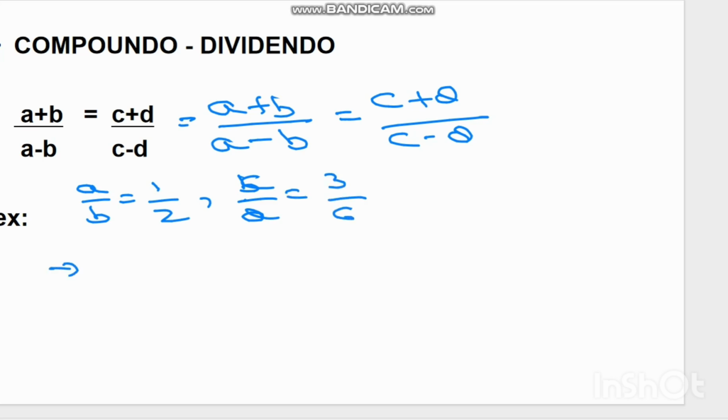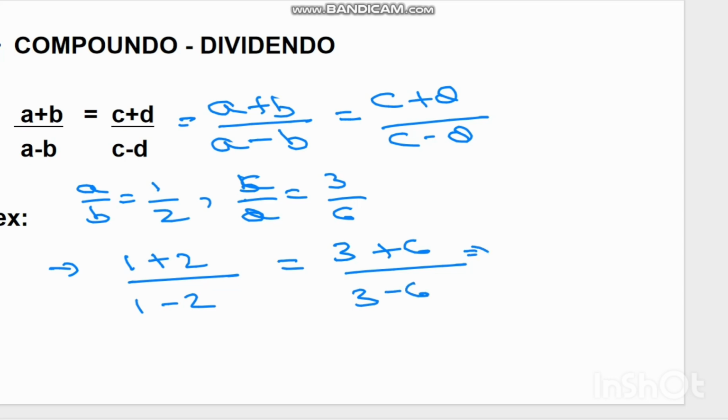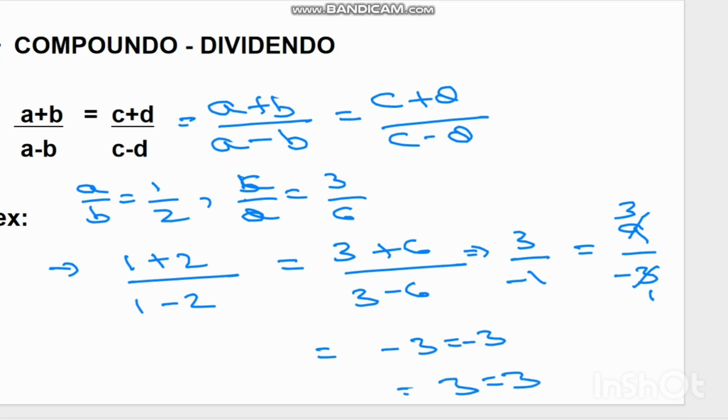Then A plus B, 1 plus 2, by A minus B, 1 minus 2, equal to C plus D, 3 plus 6, by C minus D, 3 minus 6, equal to 3 by minus 1 equal to 9 by minus 3. It can be simplified as 1 by 3. So we got the answer as minus 3 equal to minus 3, 3 equal to 3.